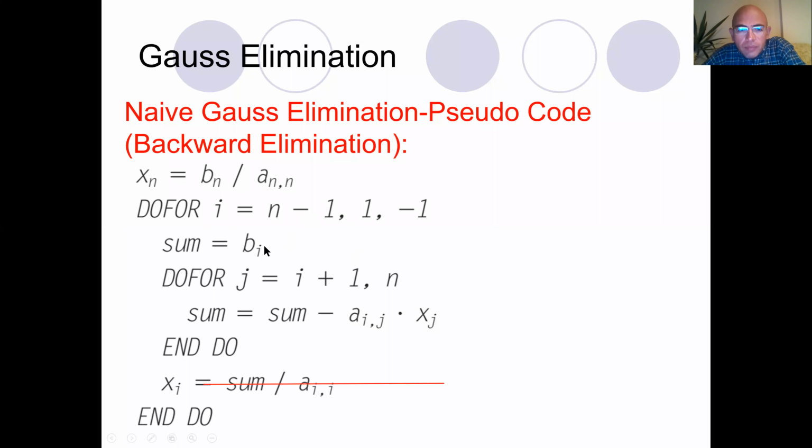So it is a_ij multiplied by x_j. So I calculate the contribution of it to the sum, and then I divide this sum by a_ii, and as a result the elimination is ended.